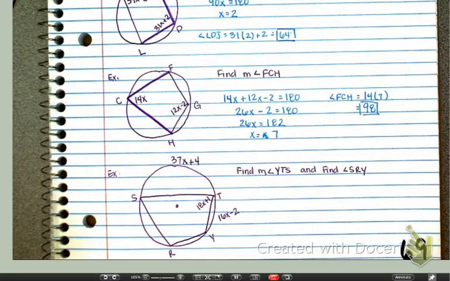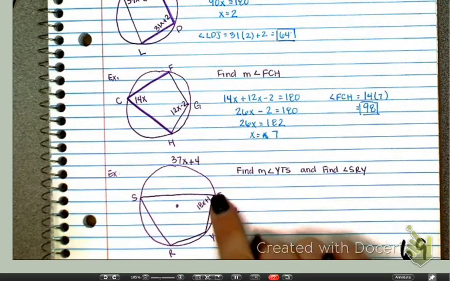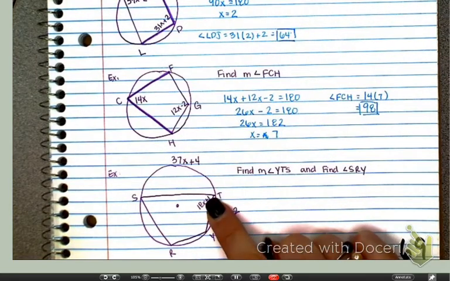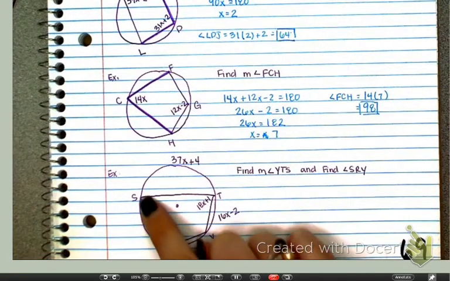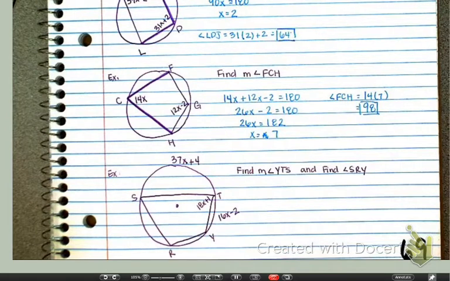So YTS is this angle here. SRY is this one down here. Those are the two angles I want to find. So I'll give you a second to finish drawing.